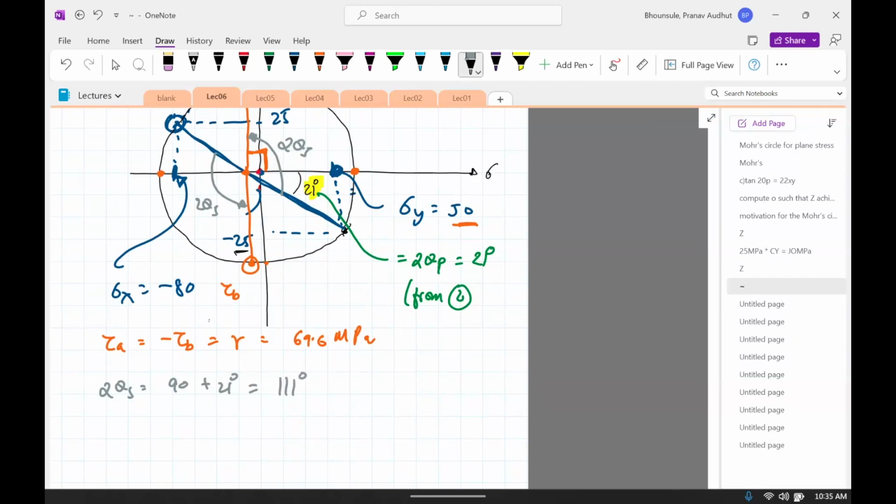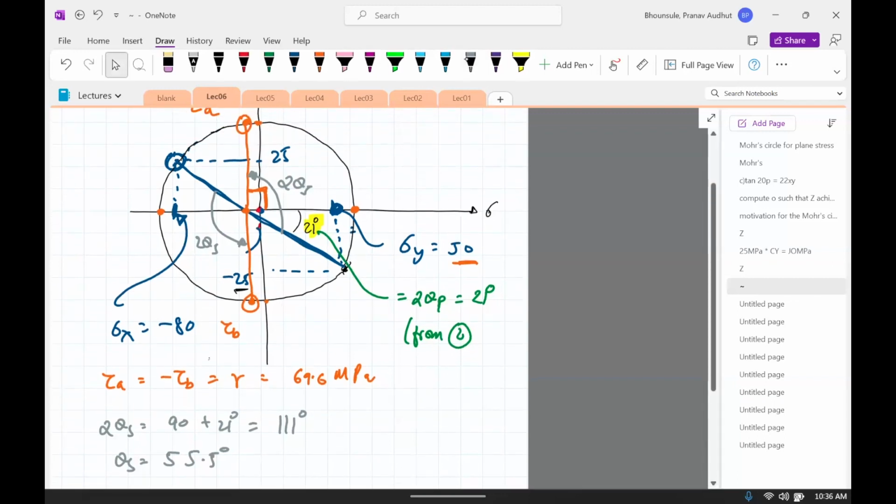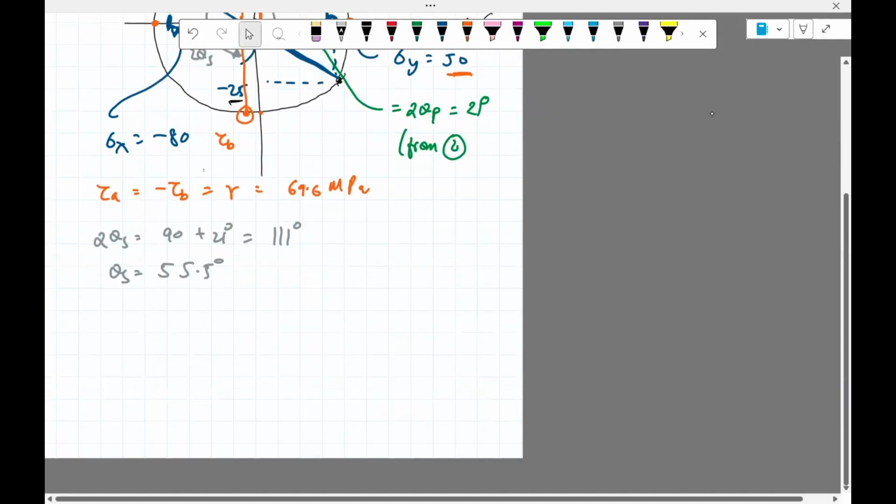It's 111 degrees. And theta s is 55.5 degrees.